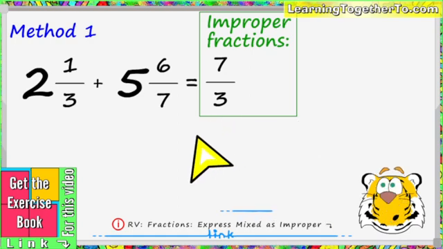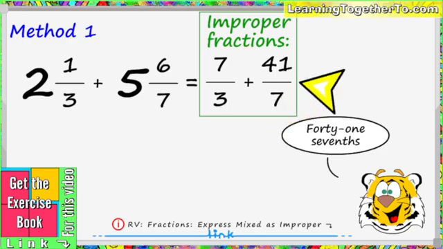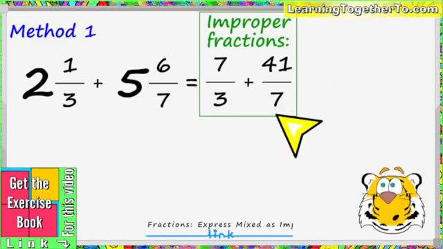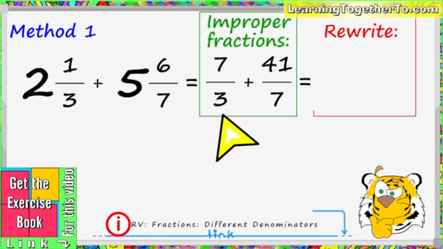Very good, Tim. Tim, 5 6/7 expressed as an improper fraction is equal to 41/7. Nice job, Tim. Tim, now let's rewrite the expression so both have the same denominator.